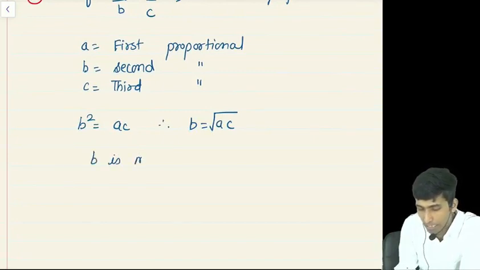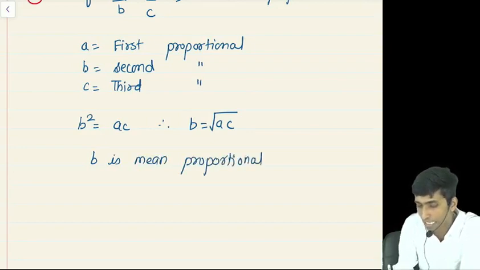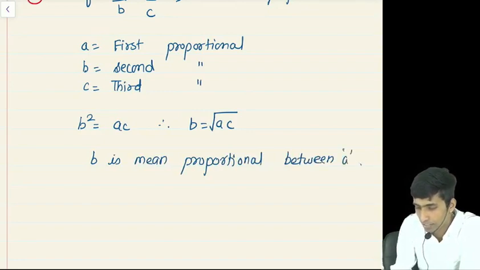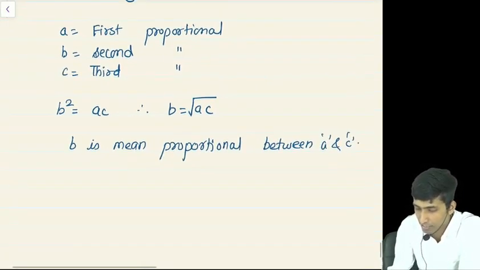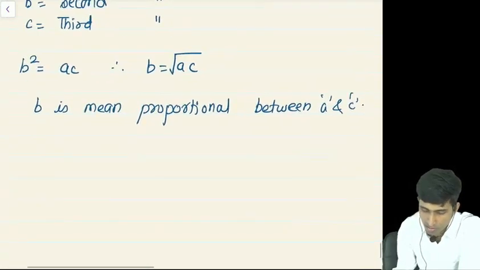B is mean proportional between A and C. Let us write it nicely.